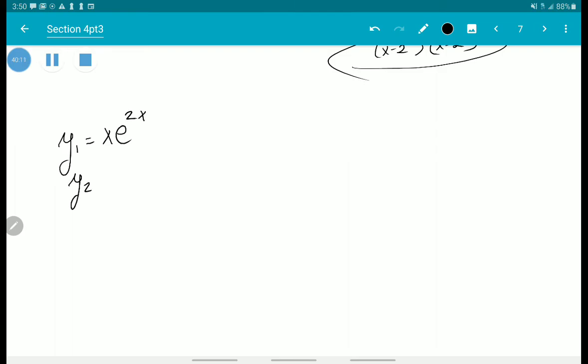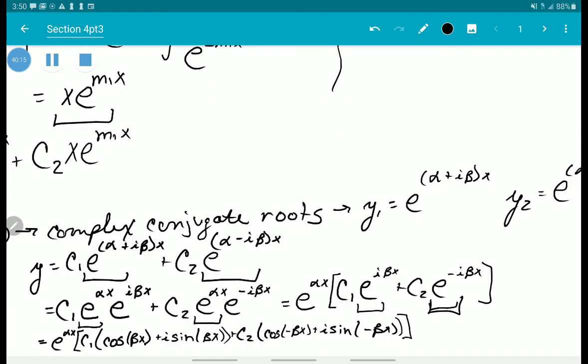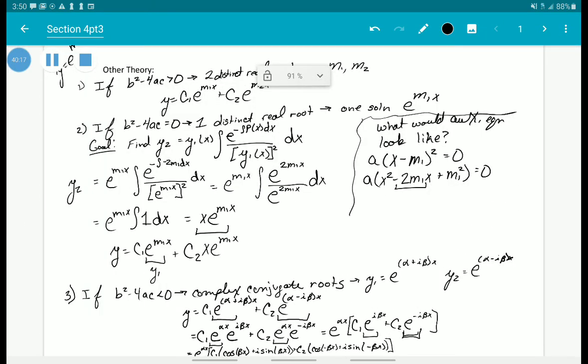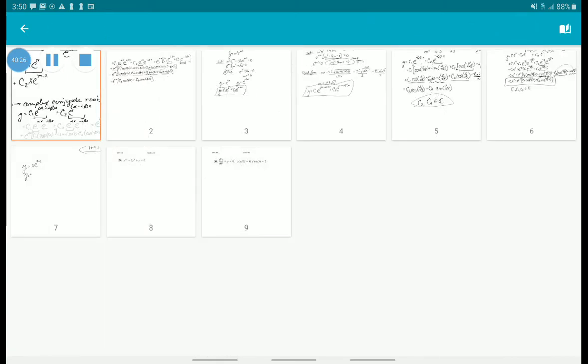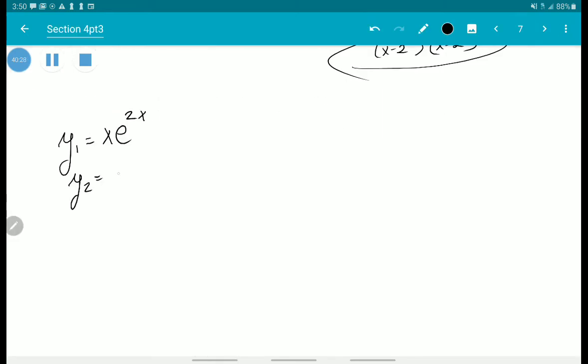And then if we think about all of that theory we did on that first page, we found y2 to be x times the root to the x. I miswrote this. This is just e to the 2x.